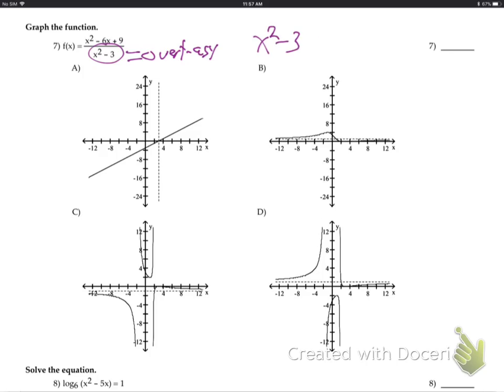X squared minus 3 equals 0. So set the denominator to 0, and that's where you always find your vertical asymptotes. So how do we solve that for x? Can you solve that for x real quick?